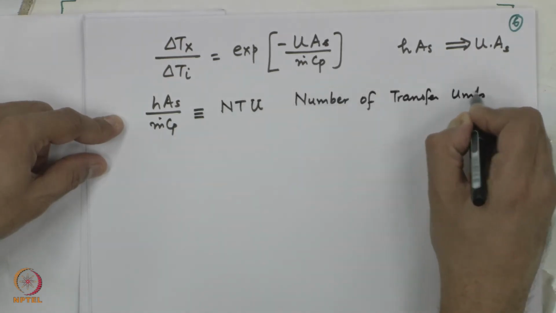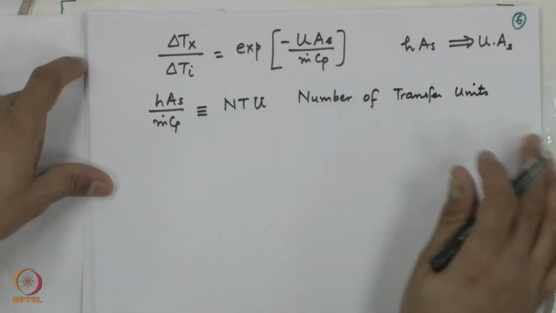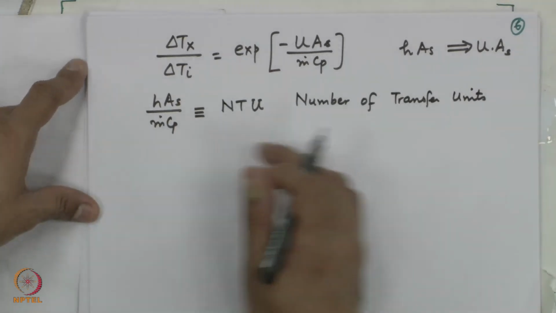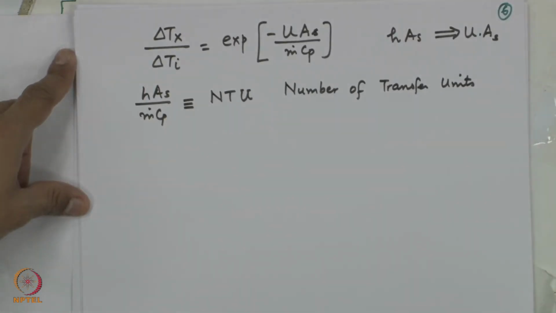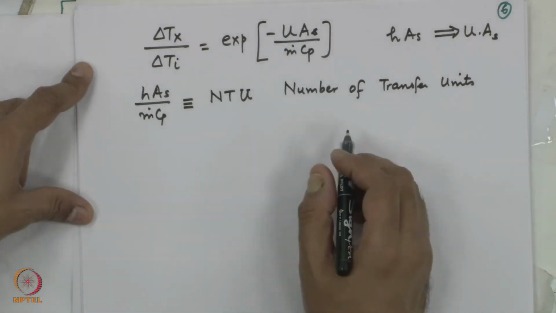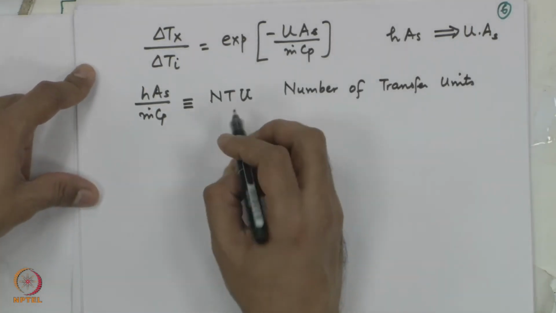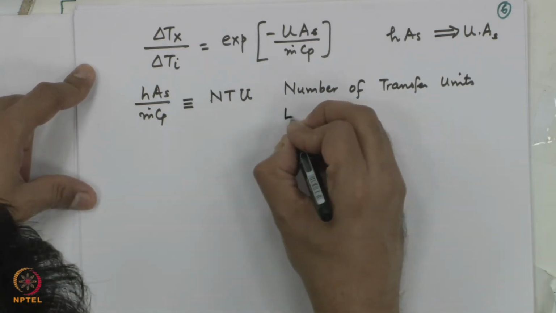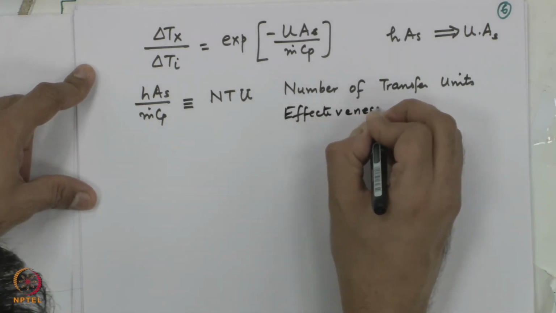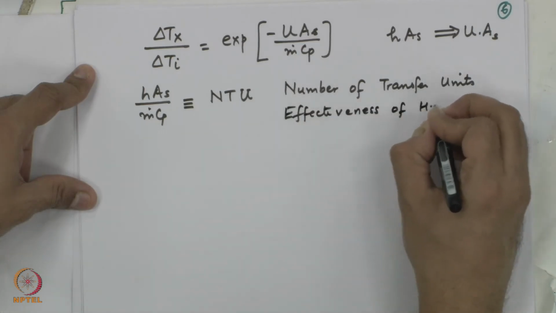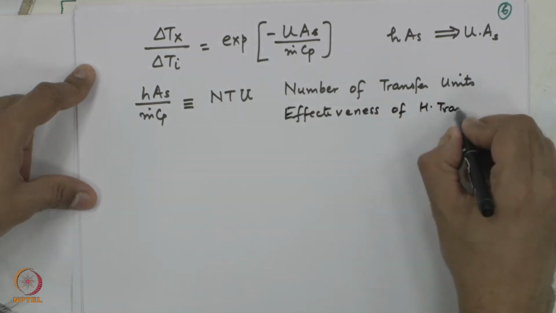It represents basically area and the effect of the heat exchange that is going to happen because of each additional incremental length that is added. So, NTU, or dimensionless parameter NTU, is basically a measure of effectiveness of the heat exchanger, effectiveness of heat transfer. Okay.